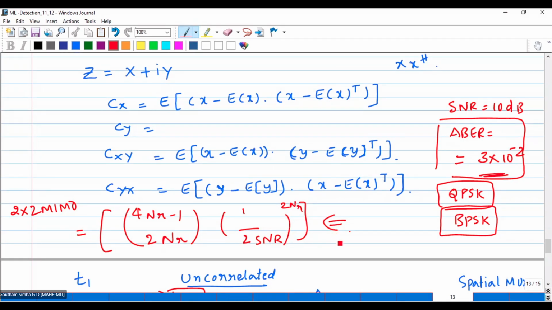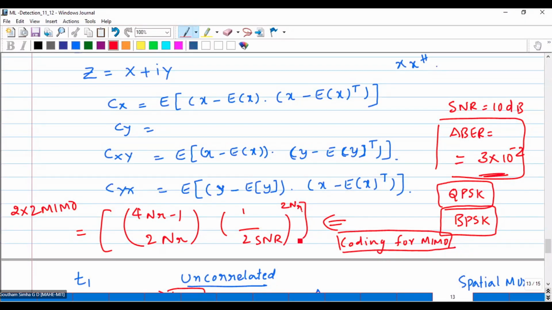I think one textbook, Coding for MIMO, discusses this kind of concept. I don't remember the author's name as of now.